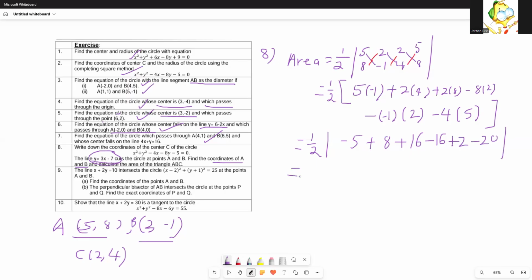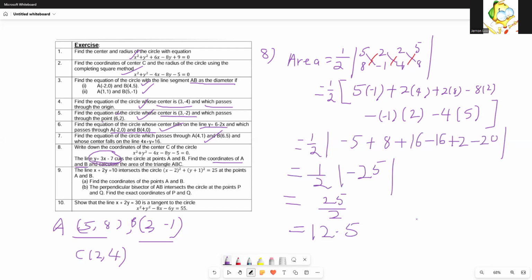This is going to be a half, of course 16 minus 16, we don't have anything left. So this is negative 25. So our answer is supposed to be half of 25, which is 12.5. So basically the area of the triangle technically should be 12.5 units squared.